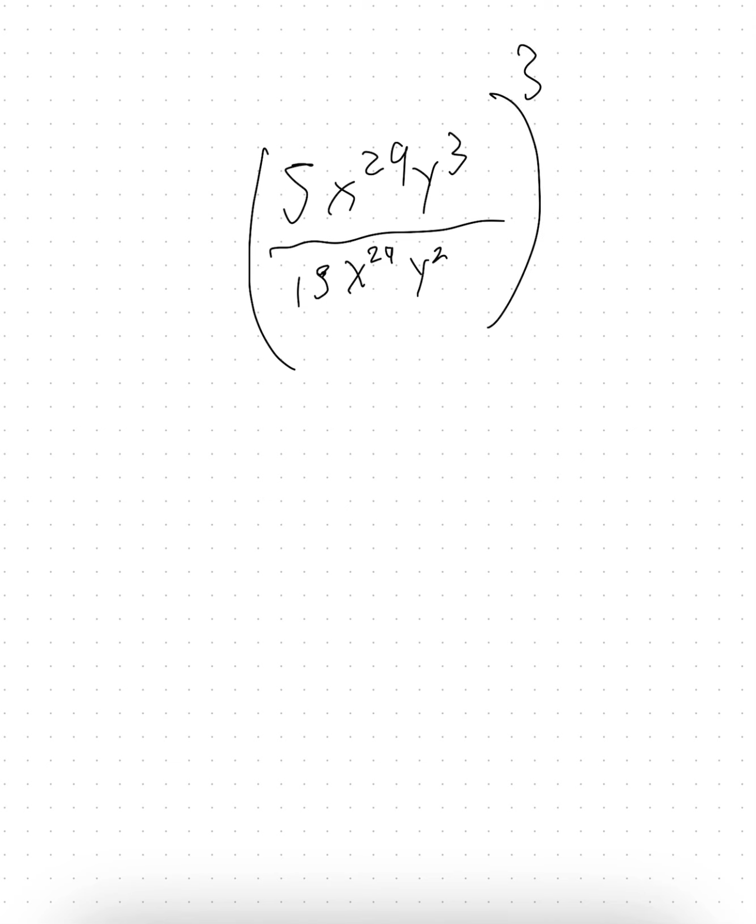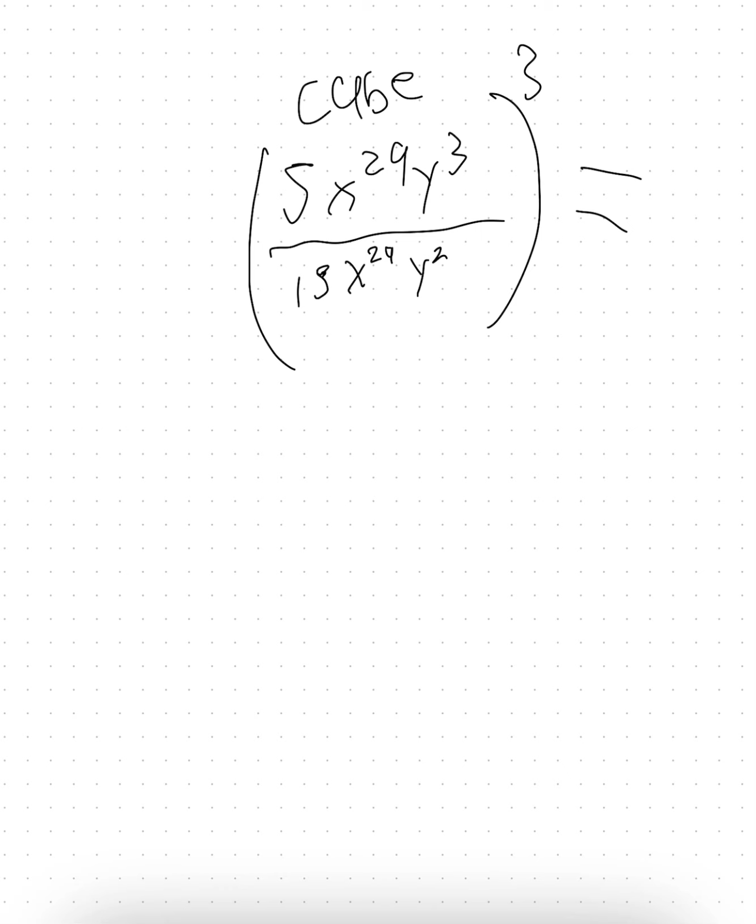Now we have two options here. We can either cube all of this, raise it to the 3rd power first by dragging in the exponent, or we can use order of operations and just simplify what's in the parentheses. I want to simplify it in the parentheses first just because it'll look cleaner and we don't have to simplify as much.